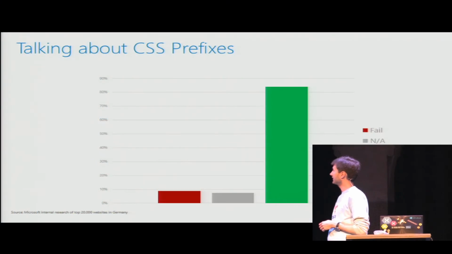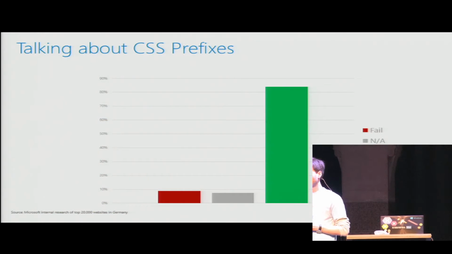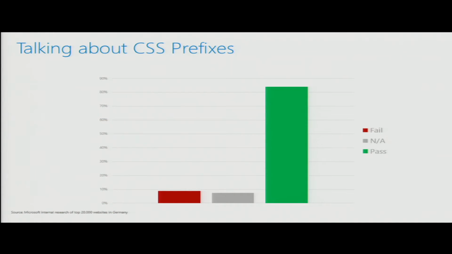And what we found out is that about 8 to 9% of the top 20,000 websites still use all those prefixed CSS tags without the non-prefixed version. And that's almost 10% of the websites which potentially have issues if users access them with a browser which the developer didn't intend the user to use.